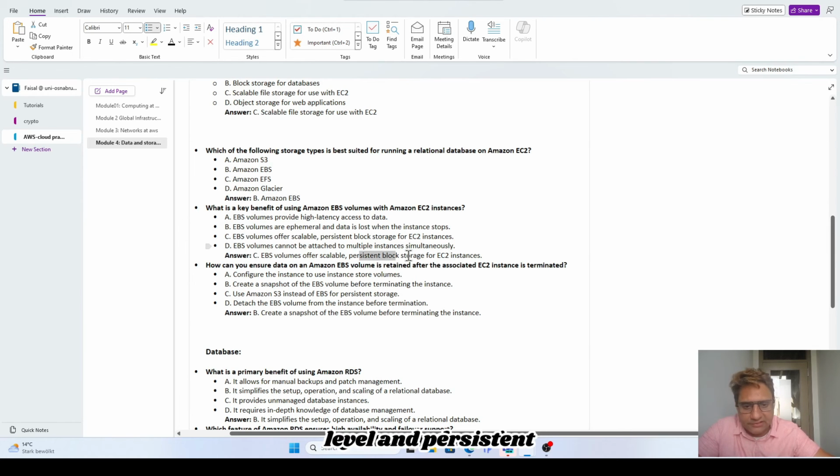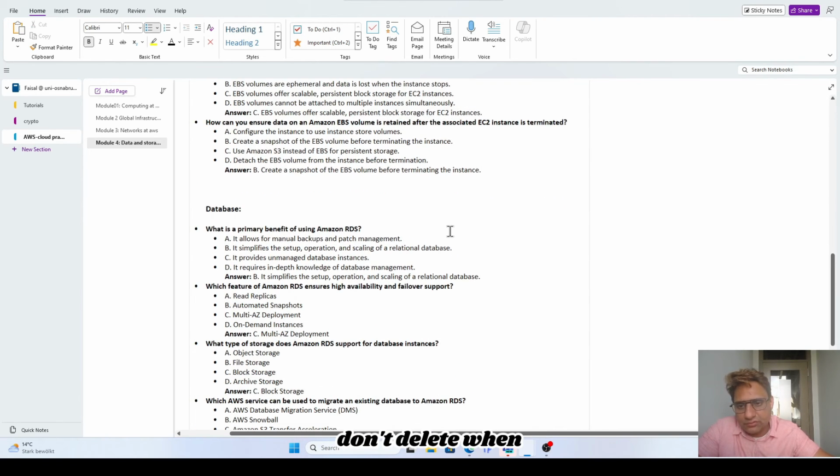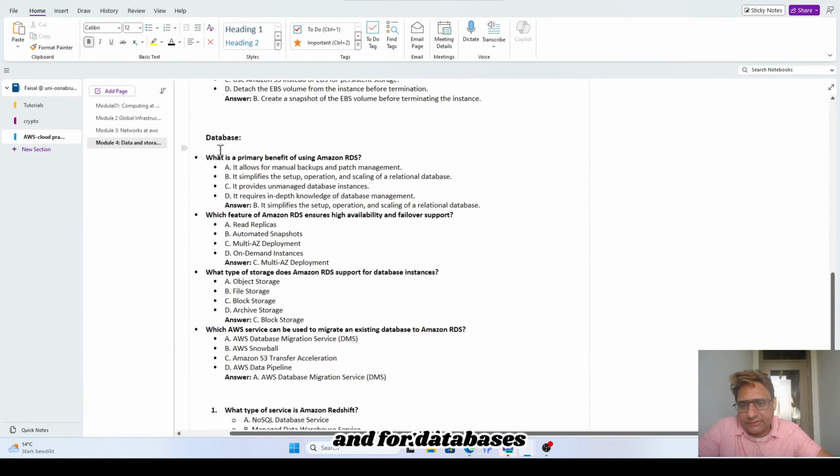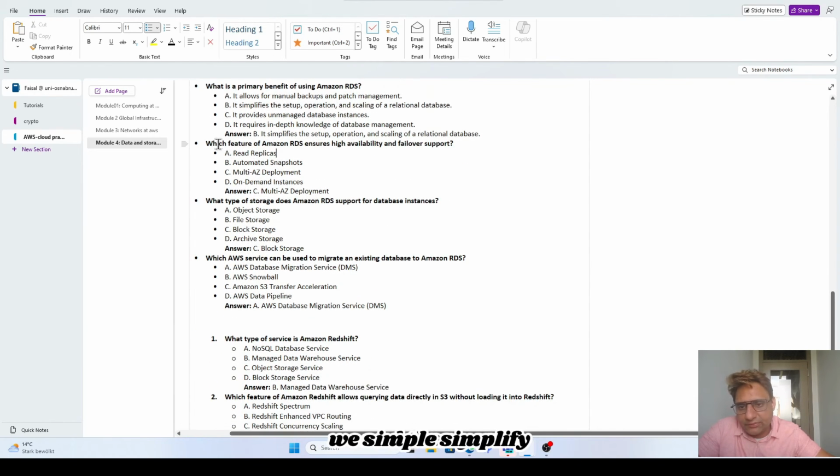Because it's scalable and persistent, and doesn't get deleted when you delete the instance. And how you can retain the data, you have the snapshots process actually. And for databases, what is RDS? RDS is a fully managed service, which simplifies the operation.